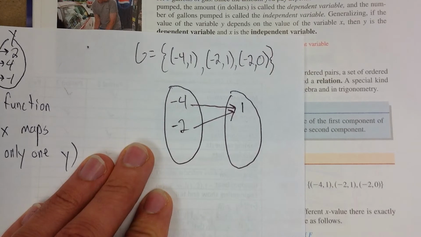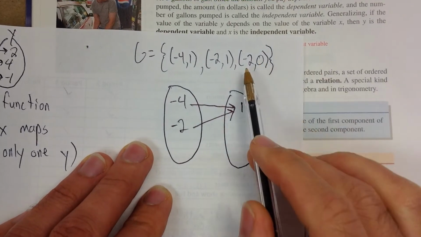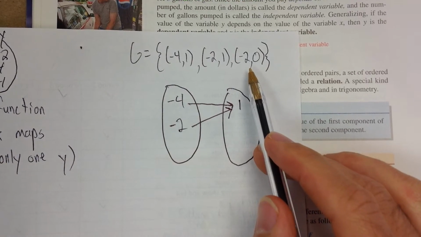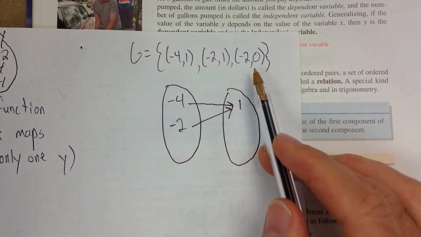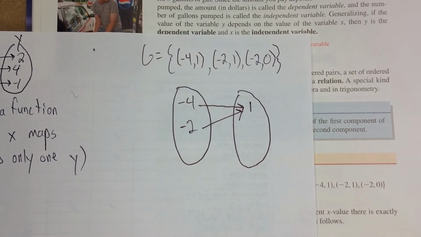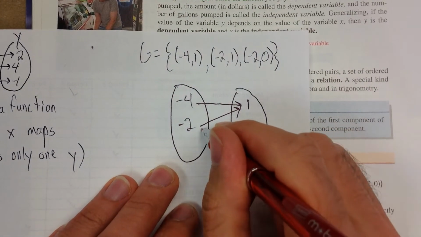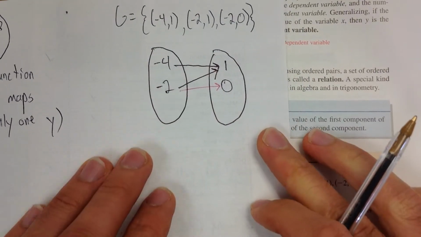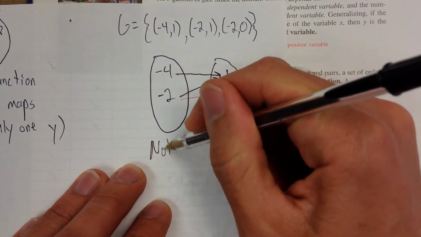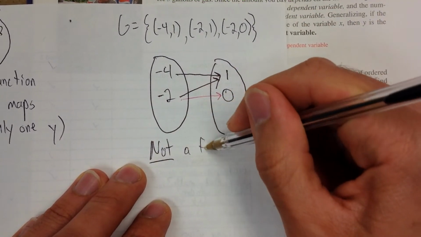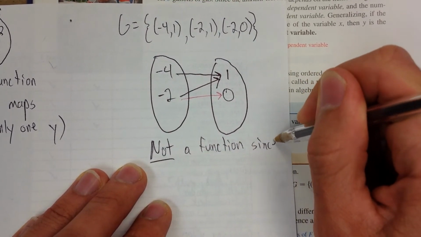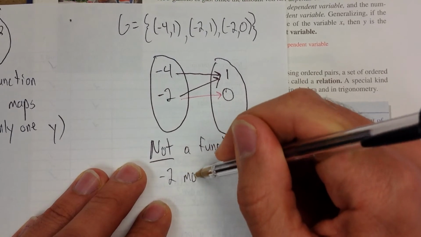The problem comes when you factor in this last ordered pair. So not only does negative 2 produce a 1, so to speak, it also produces 0. So this is not a function, since negative 2 maps to more than 1.